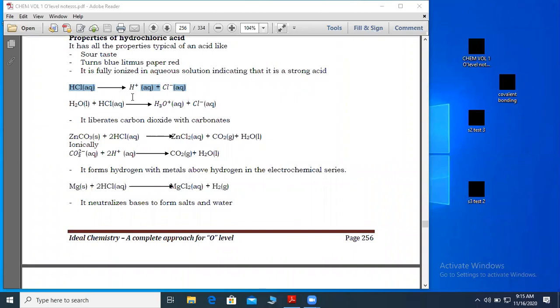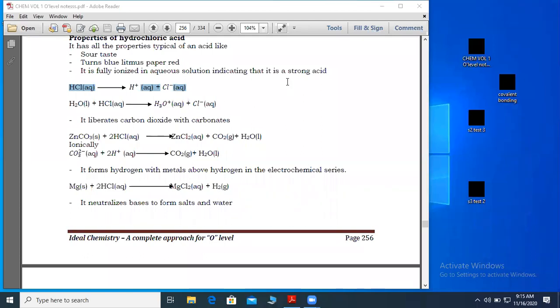We defined an acid as a substance which, when dissolved in water, forms hydrogen ions as the only positively charged ions. So when I say write an equation to show that hydrochloric acid is an acid, you write this one, where hydrochloric acid forms hydrogen ions plus chloride ions. And that is it.